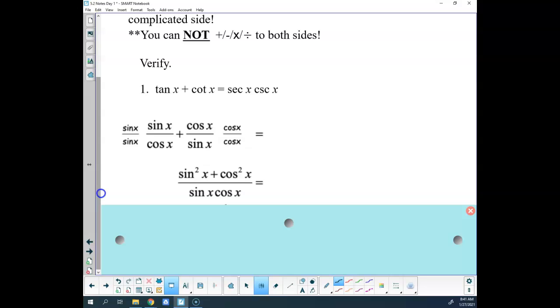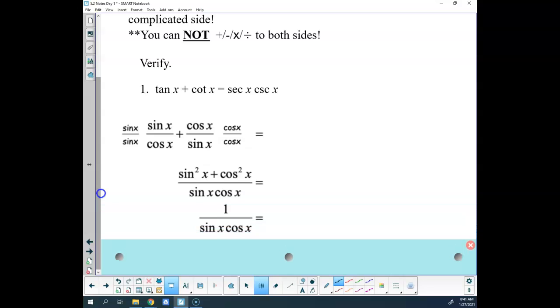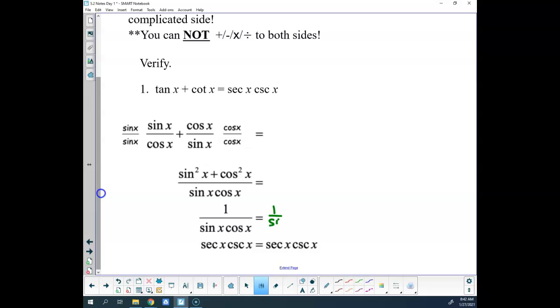So now we have 1 over sine cosine, which is 1 over sine of x times 1 over cosine of x. 1 over sine of x is cosecant, 1 over cosine of x is secant. And there it is.